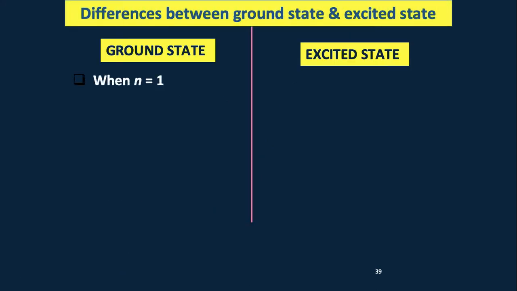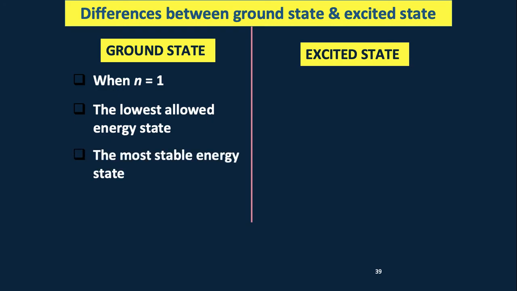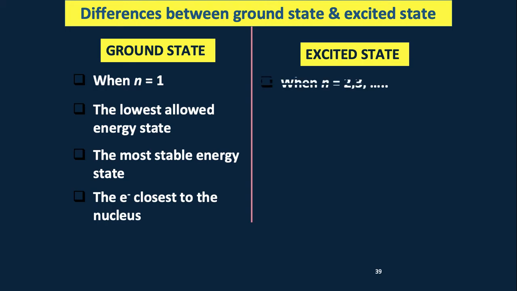The difference between ground state and excited state. The ground state is when n is equal to 1. It is the lowest allowed energy state and the most stable energy state. This is where the electron is the closest to the nucleus.